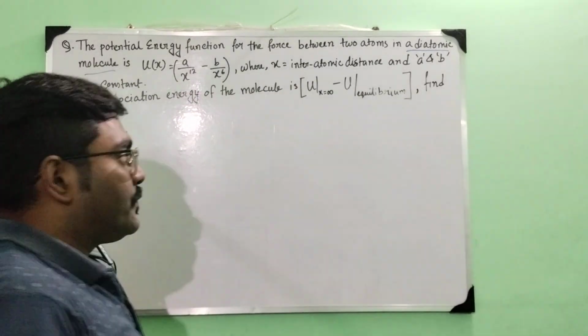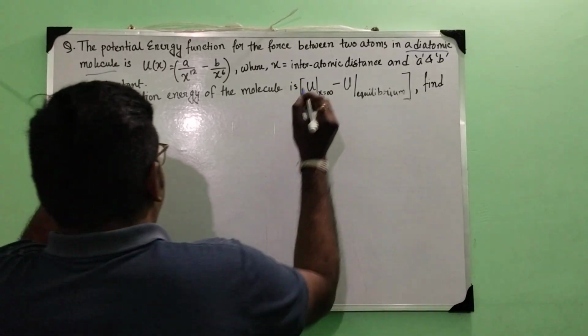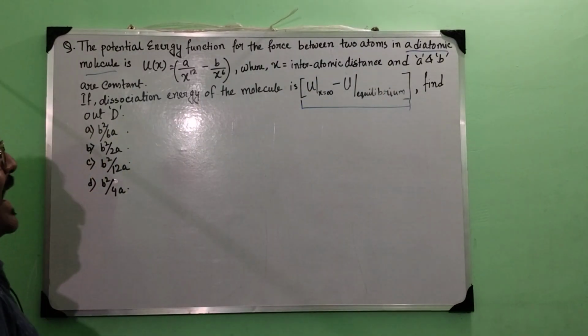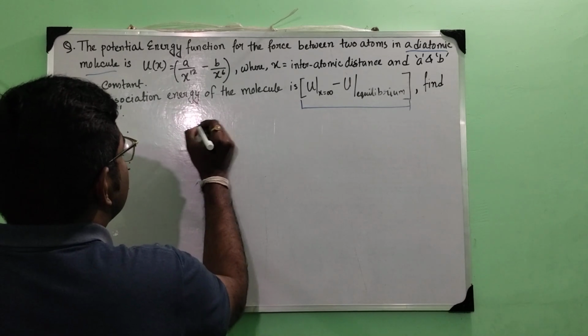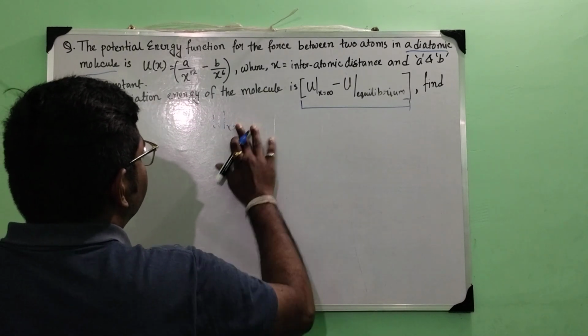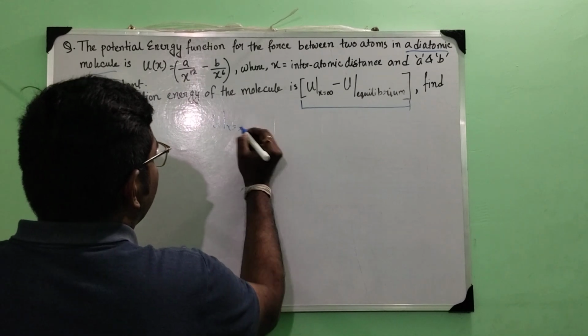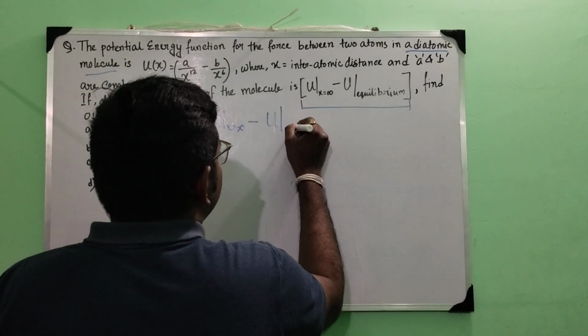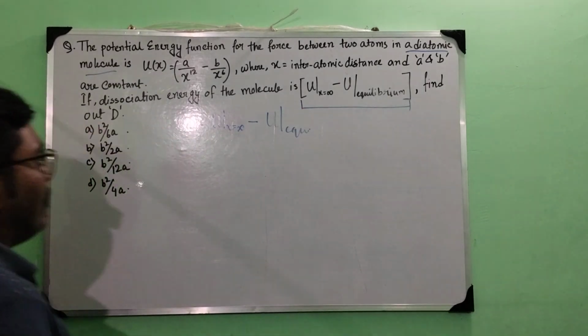Now how will we do it? First of all, we have to look at this: D equals U at x equals infinity minus U at equilibrium.